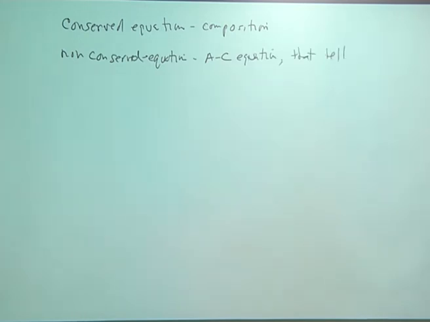And so basically what you do is when you use these models, you'll have a conserved equation that will involve composition, and a non-conserved equation, and it's usually exactly the Allen-Cahn equation that tells you what phase you're in.